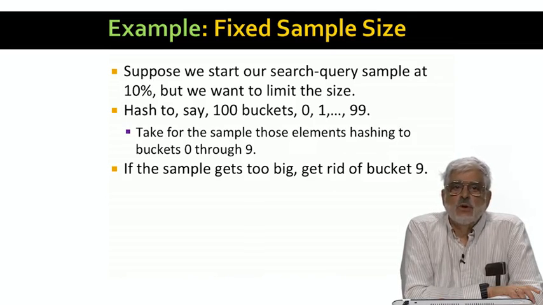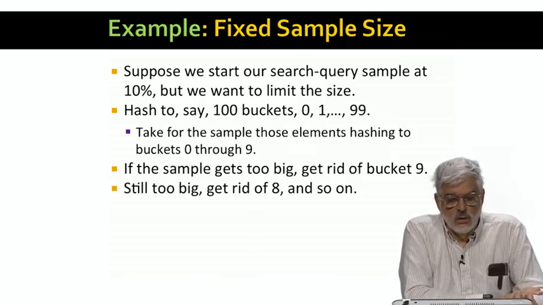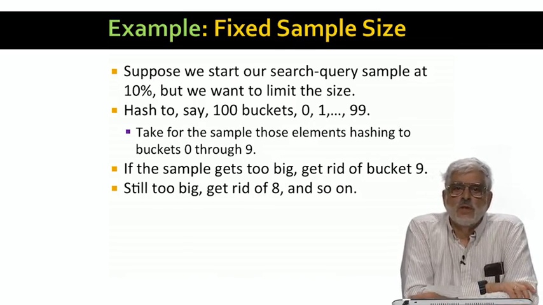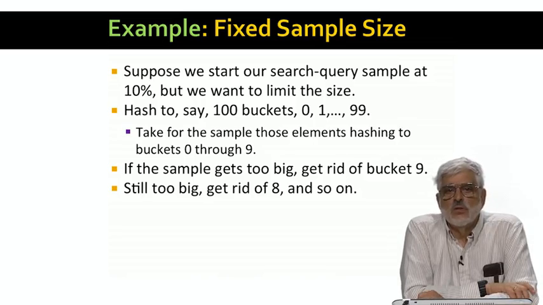In the future, we only add to the sample new stream elements that hash to 0 through 8. Now, sooner or later, even the 9% sample will exceed our space bound, so we get rid of those elements that hash to 8, and then 7, and so on. If eventually even a 1% sample is too much, we're stuck, but then we should have taken the opportunity to hash to more buckets than 100, probably lots more.